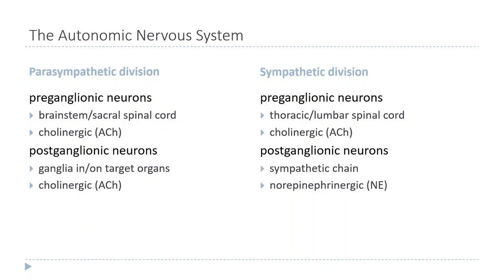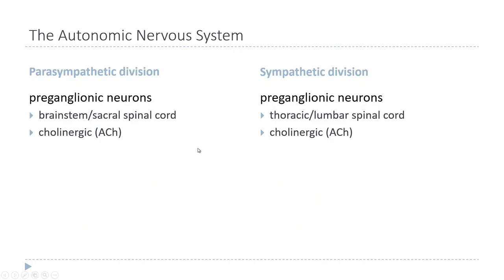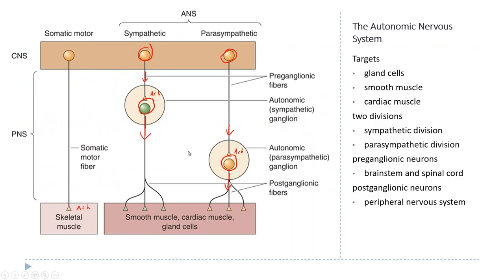So their neurons may be embedded in the tissue or in the fascia that surrounds the target organ. And the neurotransmitter they release is also acetylcholine. So in the parasympathetic division, both the pre and postganglionic neurons release acetylcholine.